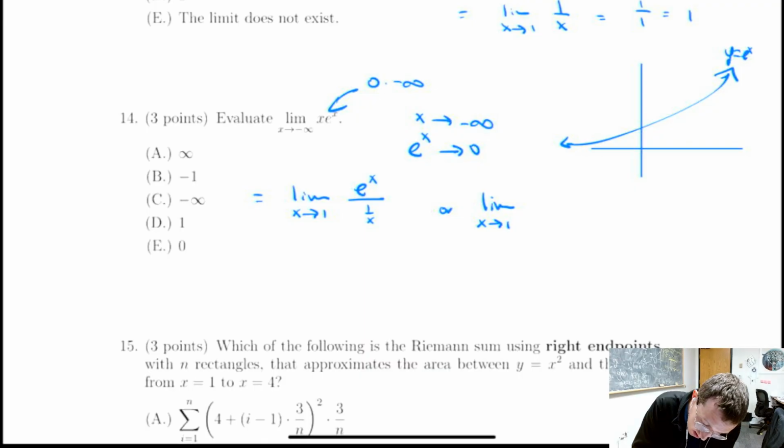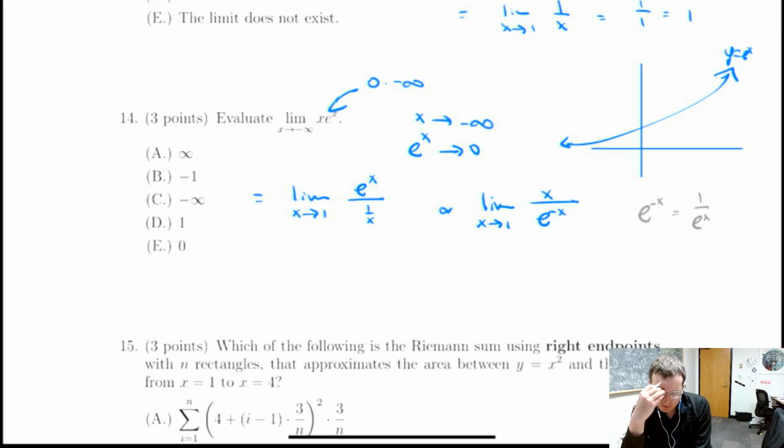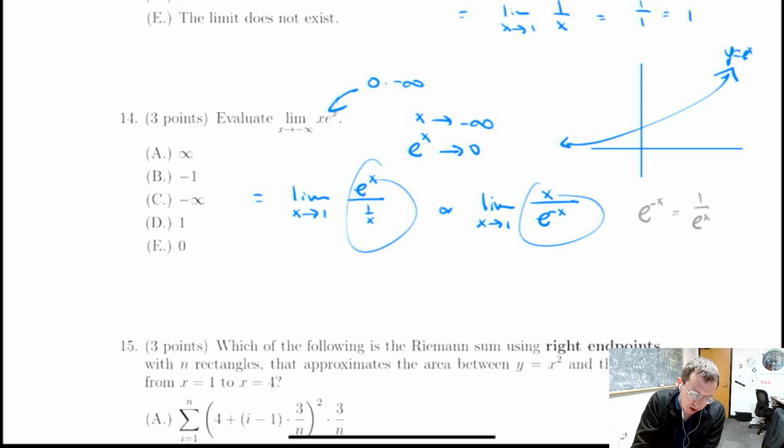Now, what if I put the e to the x in the denominator instead? x divided by e to the minus x is the same thing as x e to the x. So either of these are both equal to the original x e to the x.